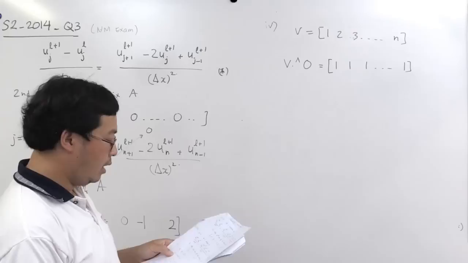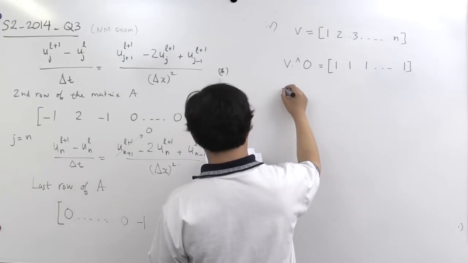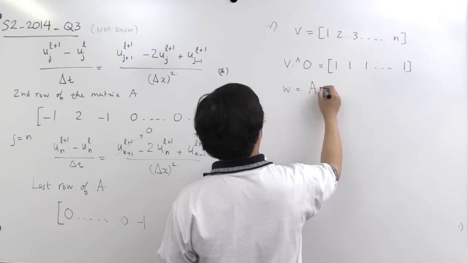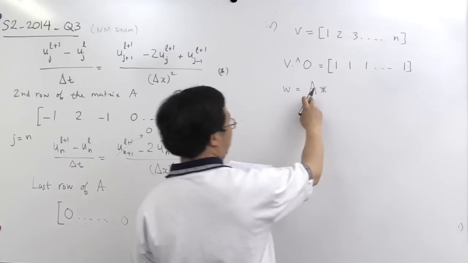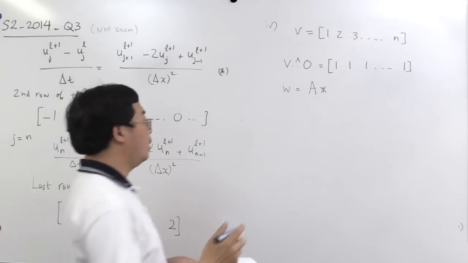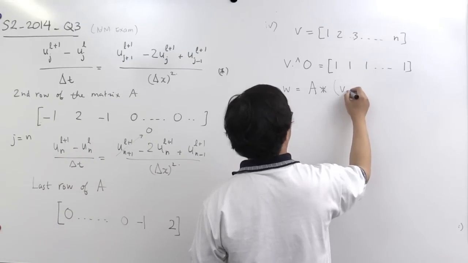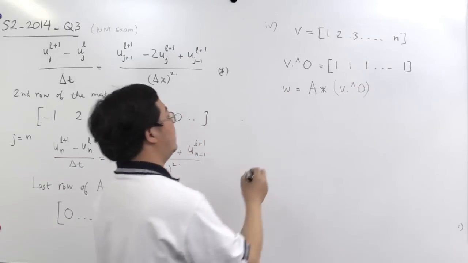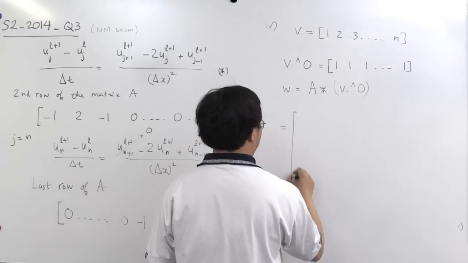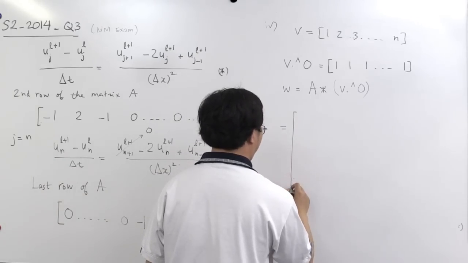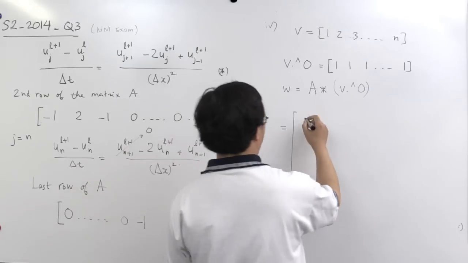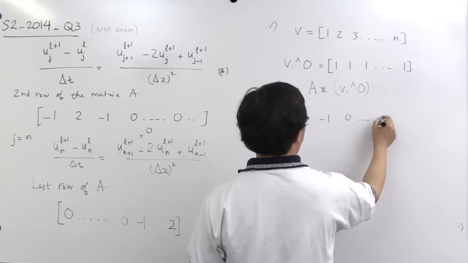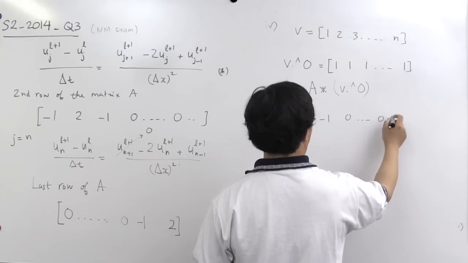And now the next command is the vector w is given by the matrix A, which we found in the previous question, multiplied by v dot hat 0. Remember the matrix A we found in the previous question. It looks like this. You have 2, minus 1 in the first row and 0, 0 until the end.